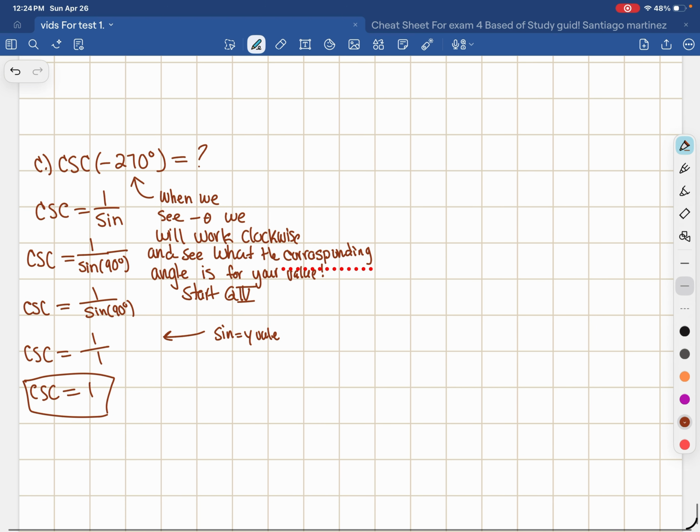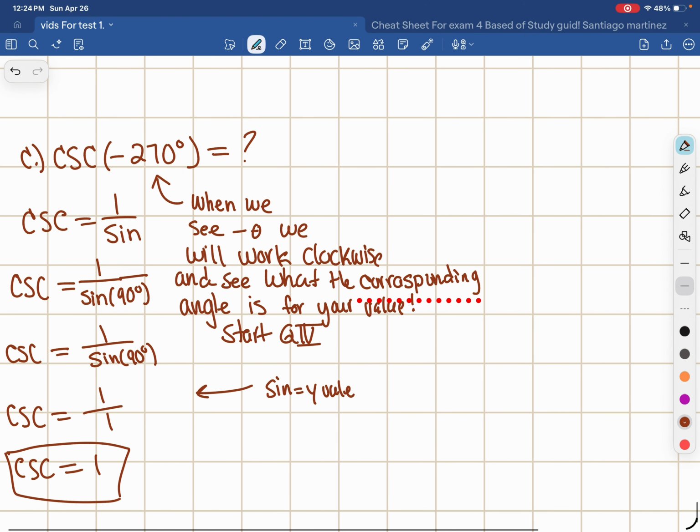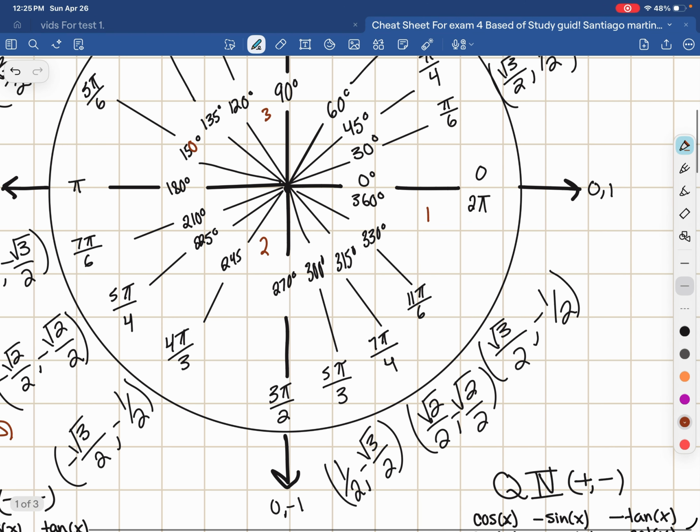So again, let's do a brief run through of that problem. We see CSC, which is cosecant, and we know that it must correspond to 1 over sine, right? But seeing negative 270, or any negative value, we go to our unit circle and we work backwards, clockwise, right?